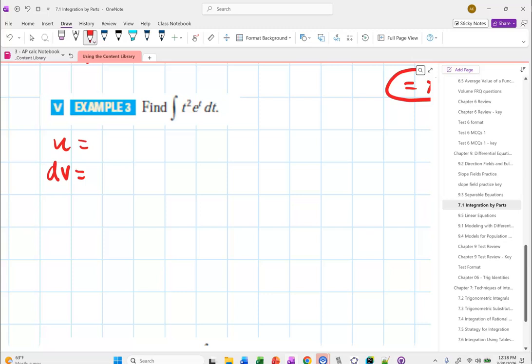What do you suppose we should pick as our u? T squared, probably, right? That one's getting simpler. It's going from a degree 2 to a degree 1. So that means the dv will be e to the t dt, which again is very easy to integrate, so I'm happy with that.